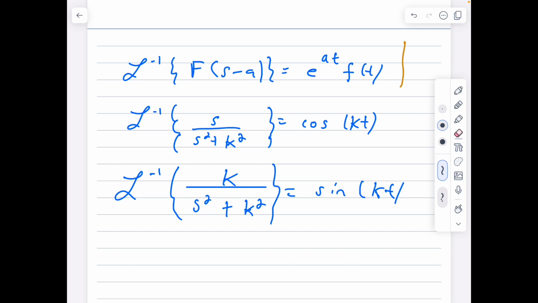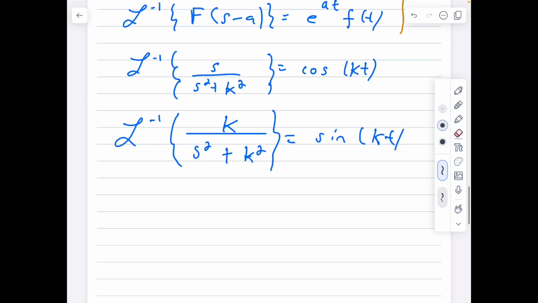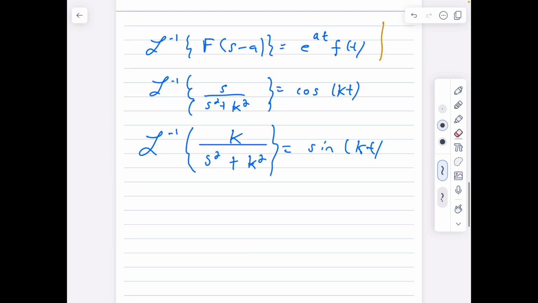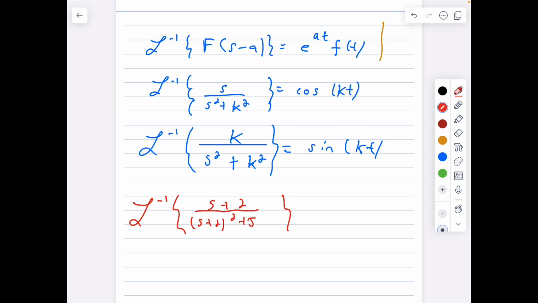So with that information, let's see if we can answer a question for the Laplace transform. I'm going to find the Laplace inverse of (s plus 2) over (s plus 2) squared plus 5. The way it works is like this.